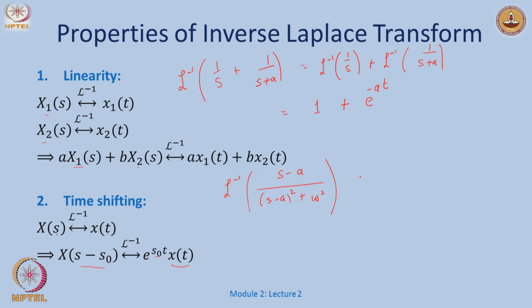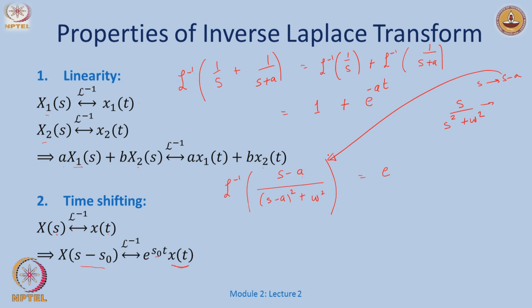If I just look at it independently of how x(t) or X(s) would look like, this is like s over s square plus omega square, and with s being transformed to s minus a, this thing looks like this.